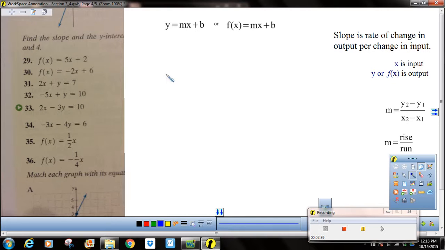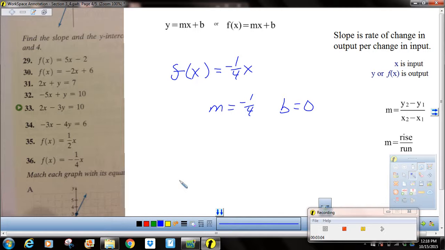Number 36 says f of x is equal to negative 1/4 x. This may not look like slope-intercept form a whole lot, but if you look up here, f of x equals, the slope is going to be negative 1/4, because that's the coefficient of x. You don't see a constant here, so the y-intercept is 0.